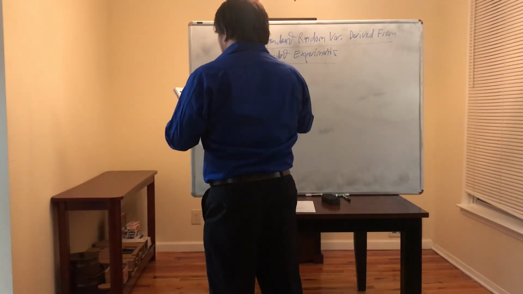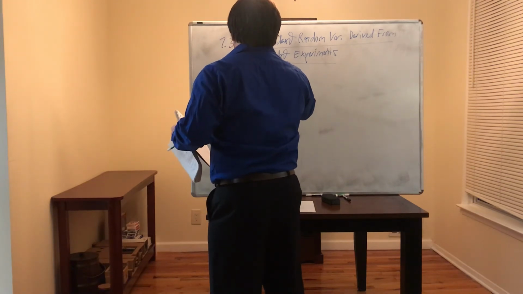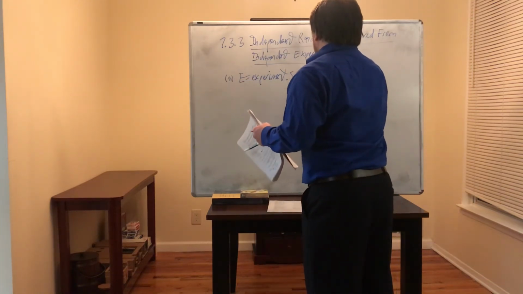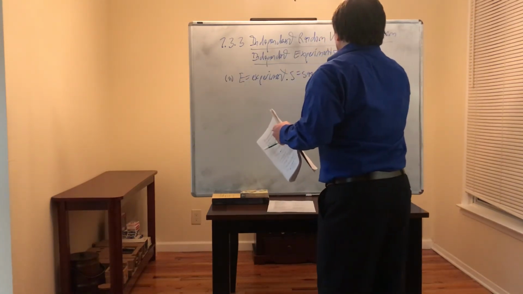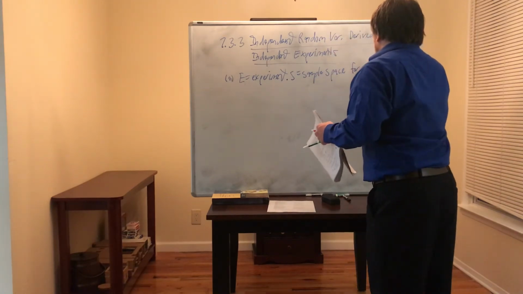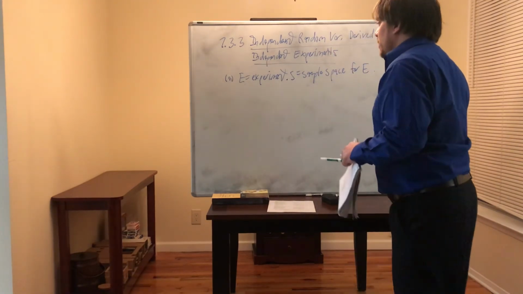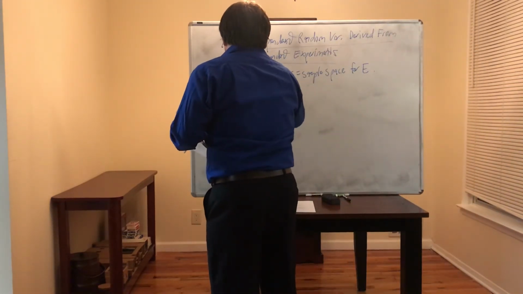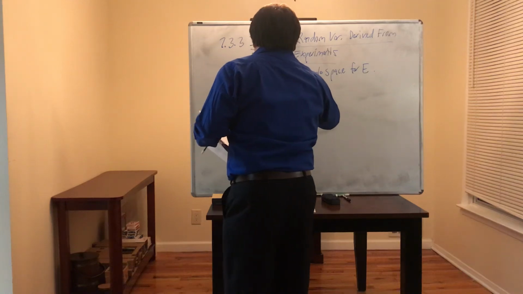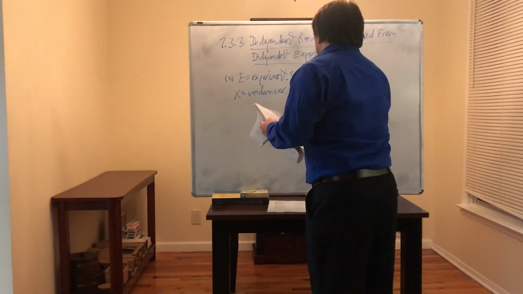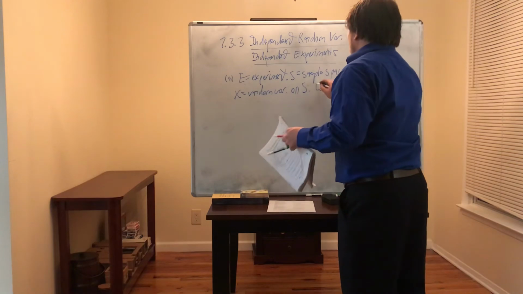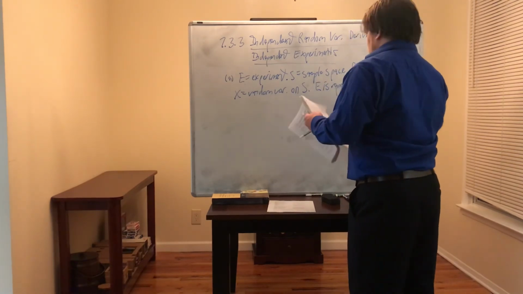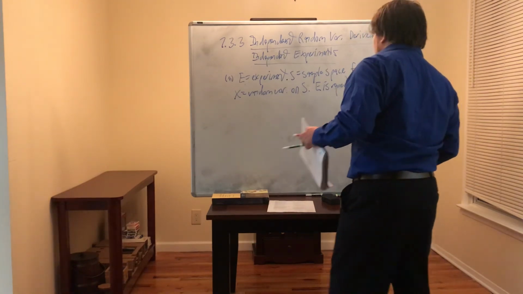Part A: E is the experiment. So if E is the experiment and capital S is the sample space for E, and let's say X is the random variable on S. And let's say our experiment E is repeated n times under identical conditions.